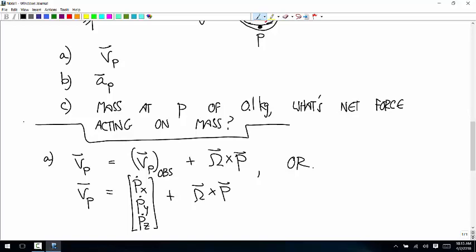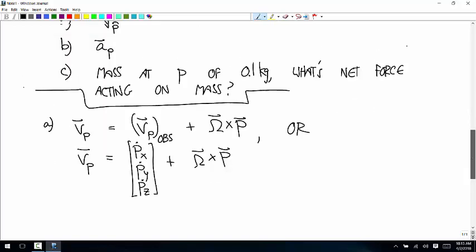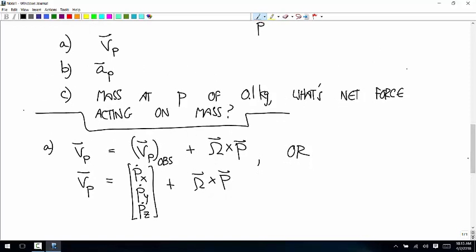Some problems it's one, some it's the other. And so now we just have to figure out the angular velocity of the coordinate system, the position vector that we're interested in, which one of these two we're going to use, and how to represent those.